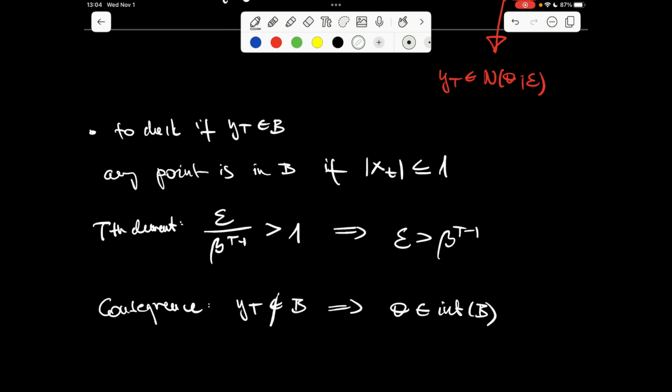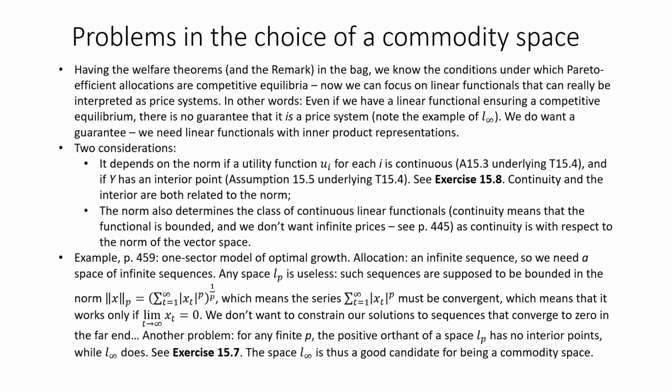This exercise, we will get back to later when we want to show that the positive orthant of some spaces has no interior points at all. With the two welfare theorems, we know the conditions under which a Pareto-efficient allocation can be a competitive equilibrium. There is an important point here.